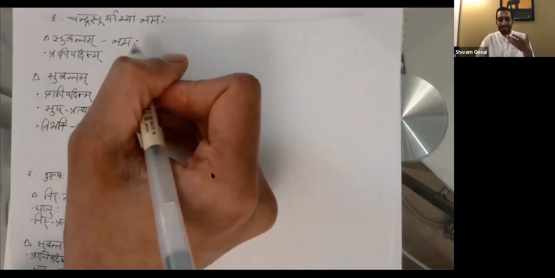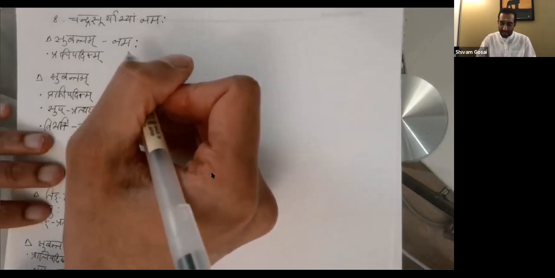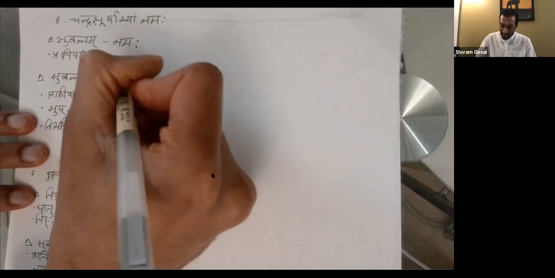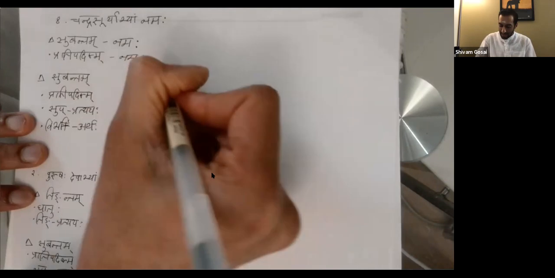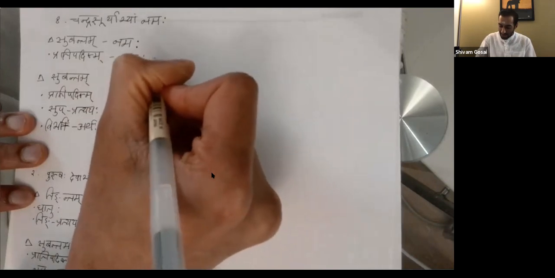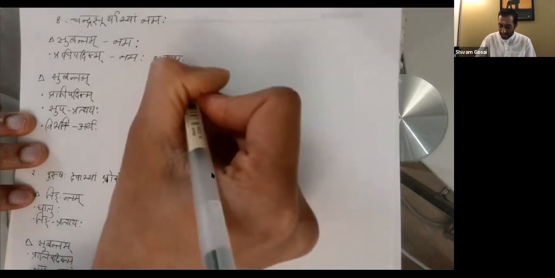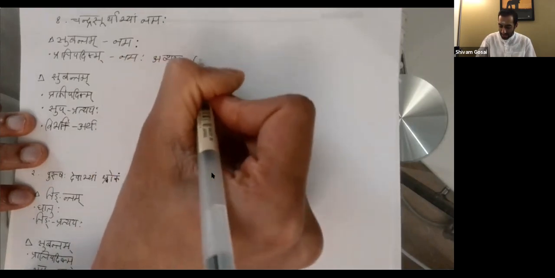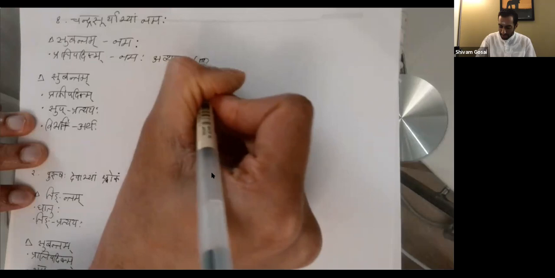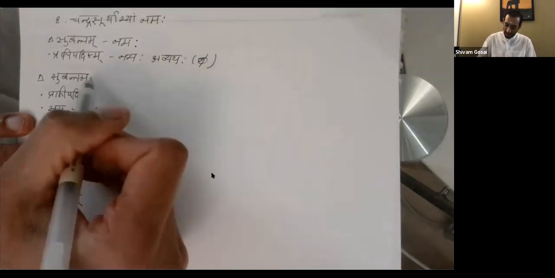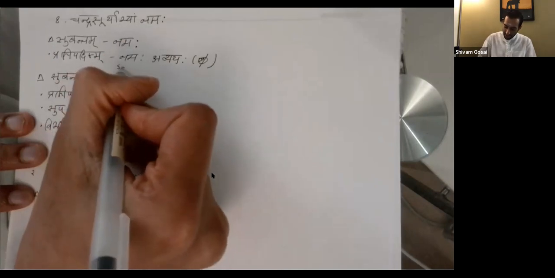Namaha doesn't decline. It's always Namaha. So we can just say Pratipadika is Namaha. We can even note that it's avyaya, meaning that it doesn't have a case. So we can put the case is 0. No case. Okay. So Namaha, my salutations.